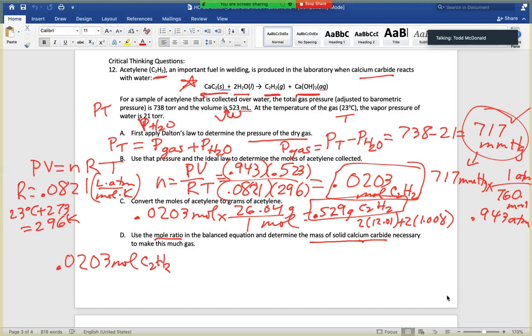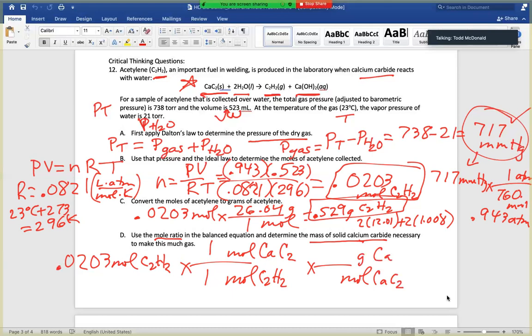If you go back up to this equation, we're going to find the mole ratio between C2H2 and calcium carbide. And if you look back up there, it's actually a 1-to-1 ratio. So we still have that many moles of calcium carbide. We're going to go one more step, get rid of moles of calcium carbide and go to grams of calcium carbide.